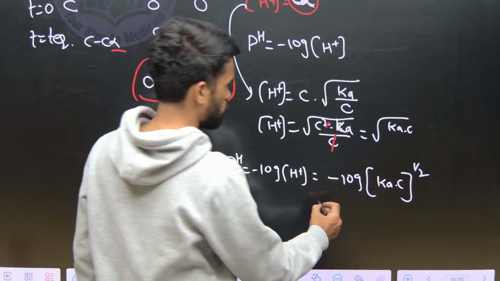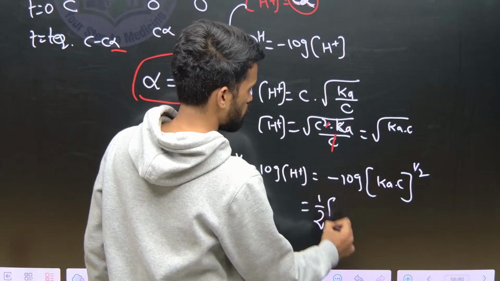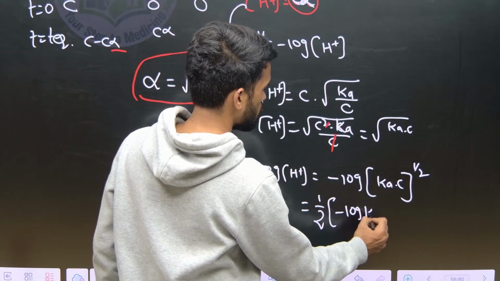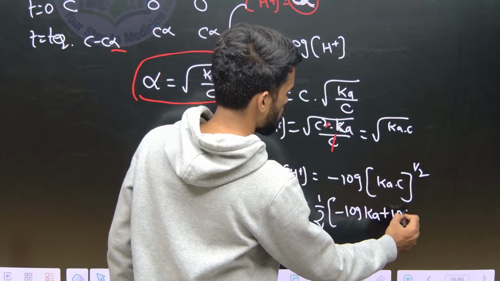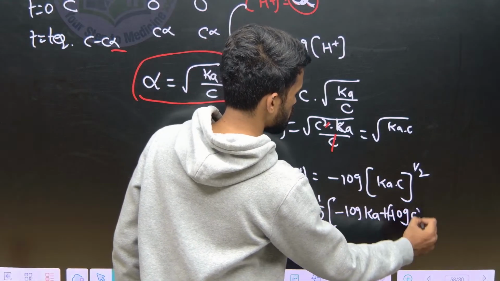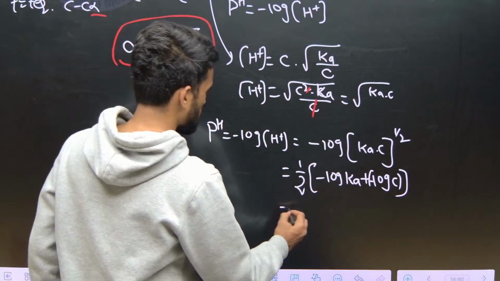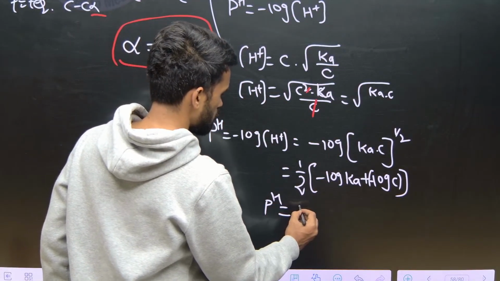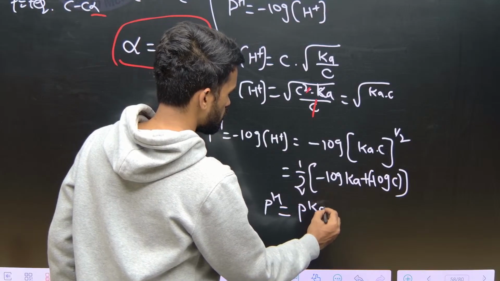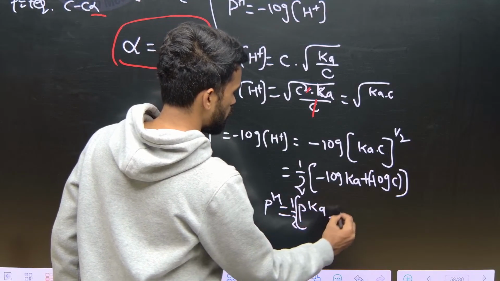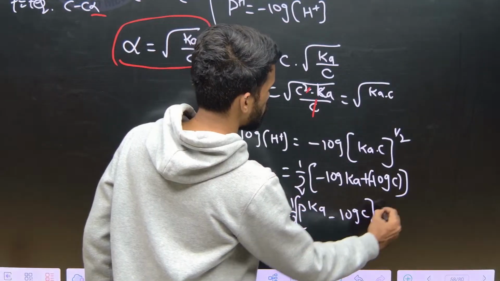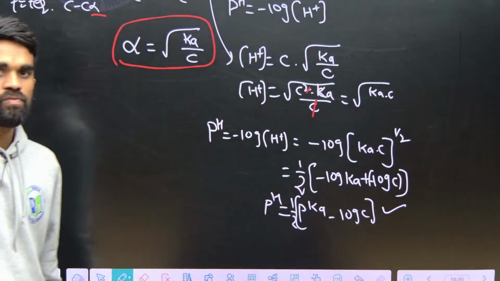So 1 by 2 times minus log of Ka plus minus log of C. Minus log of Ka means pKa, right? So you get pH as half into pKa minus log C. This will be the formula of pH for weak acids.